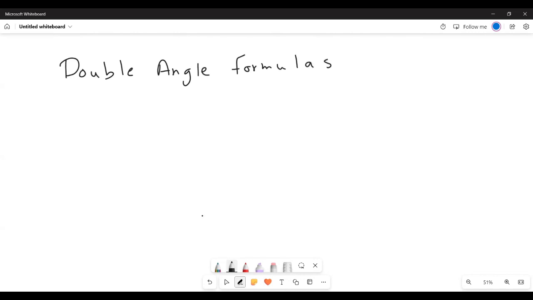Okay. Sine 2 alpha is equal to 2 sine alpha cos alpha. Alpha could be theta or whatever. In fact, let me just change this into theta.